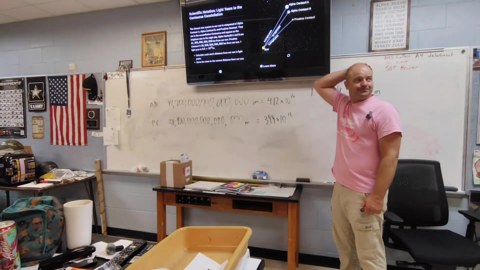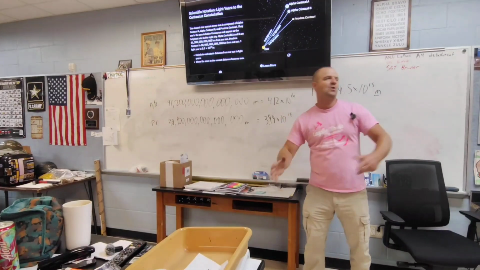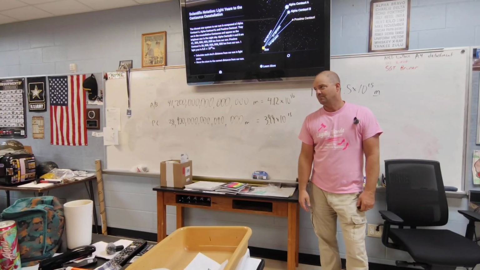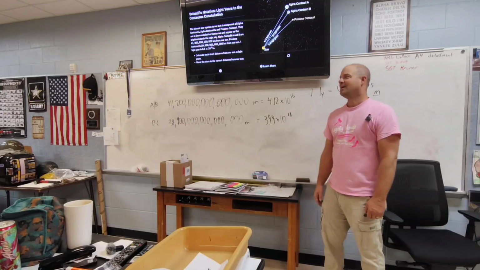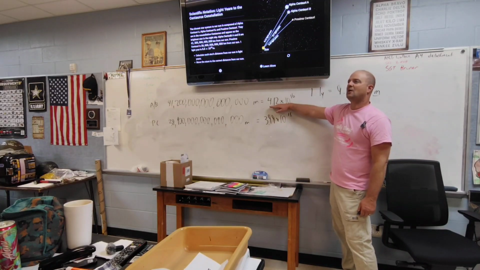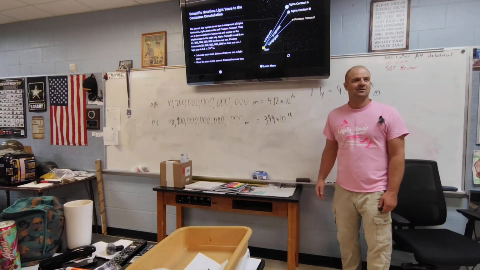It takes a lot of meters, okay? So if we're going to a bigger unit, the number will have to get smaller. So do you think we're going to take this and multiply it, or are we going to take this and divide it to get a smaller number?